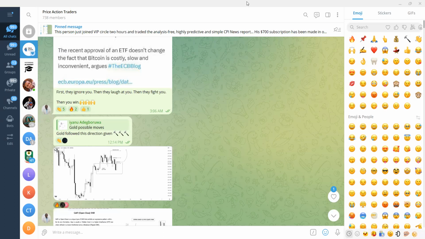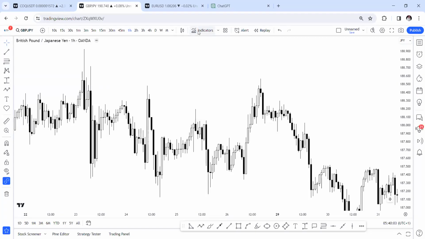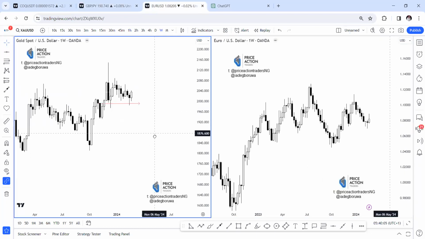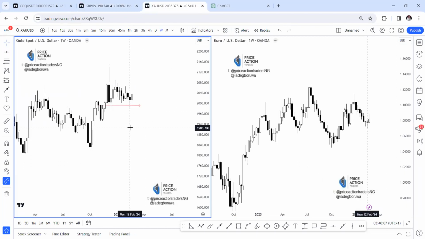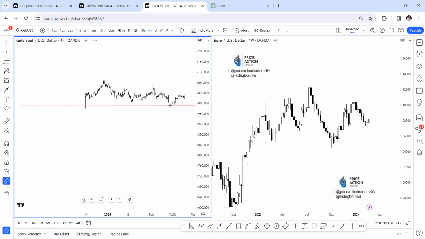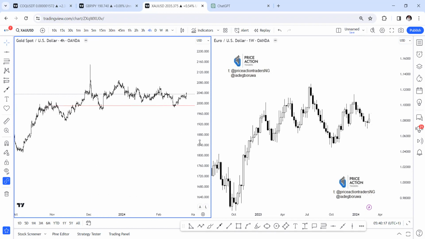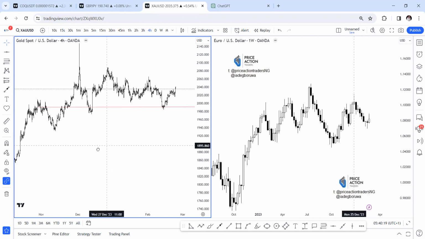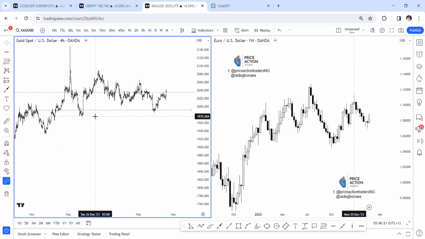You can see it in the gold cycle there. This is it. Let's go to 4 hours. Yeah, so this is 4 hours. So this is the predictable.